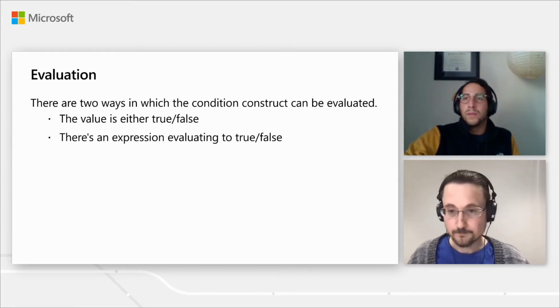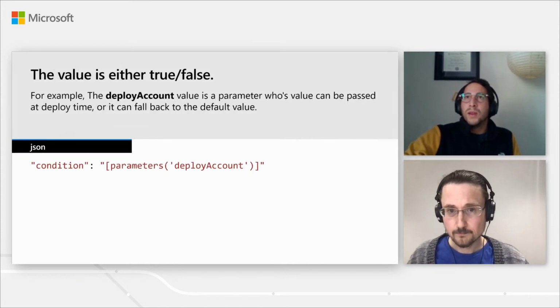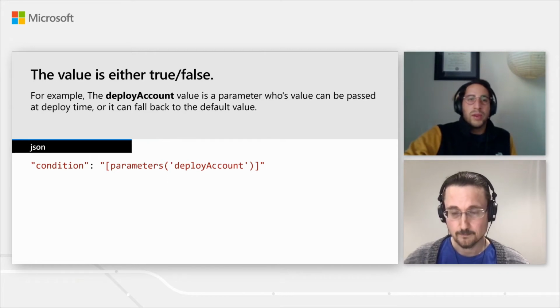Correct. Awesome. So the simple true or false would look exactly like this. If we have a parameter where we want to say deploy account, then we can have a default value of true set to it, meaning yes, deploy this.